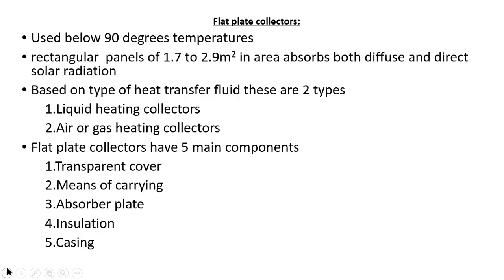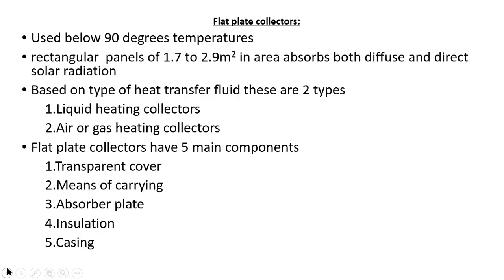The second is the means of carrying the liquid. They are designed for carrying the liquid inside, for example tubes, fins, passages or channels that are integral with or connected to the collector absorber plates. These carry the water, air or other fluids passing through them.